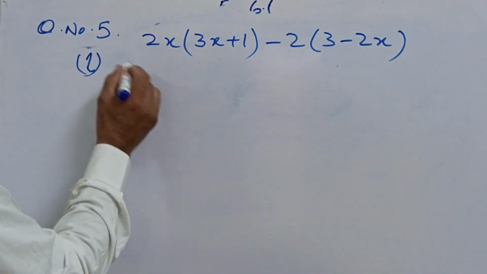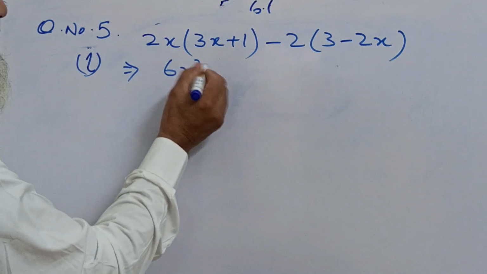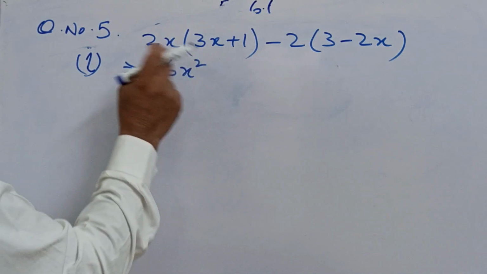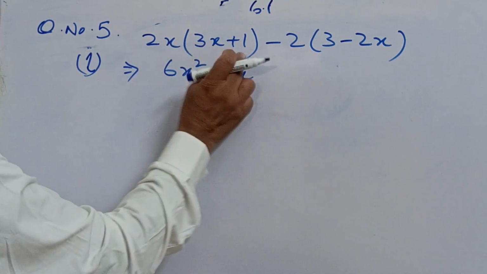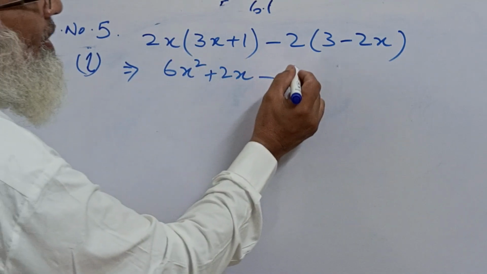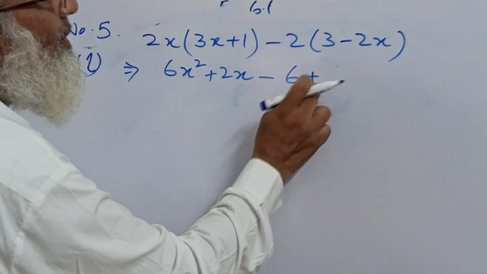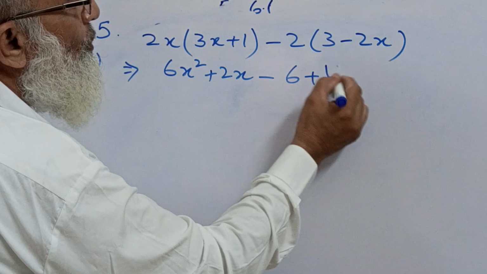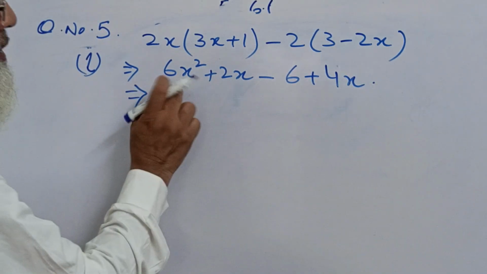Now just follow what I told you. 6x square plus 2x and minus 6 plus 2 times 2x, which is 4x.